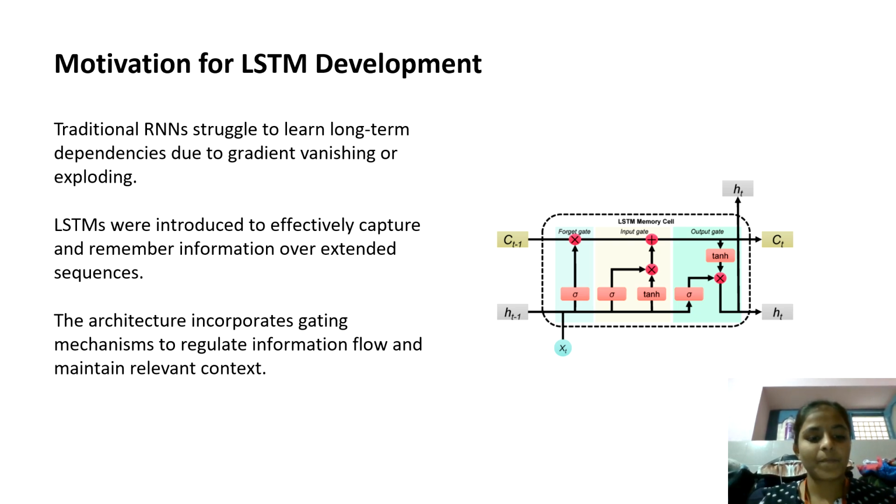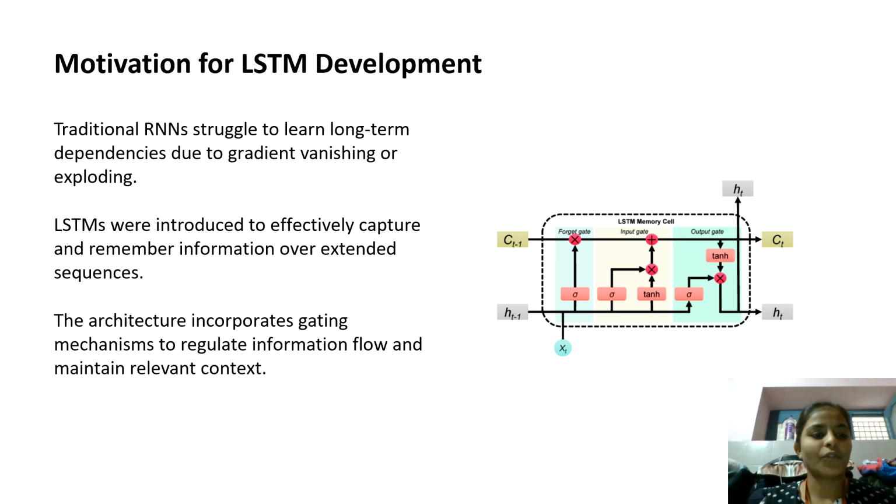Gradients can also become very large, which is called the exploding gradient problem. Because of these problems, an RNN may have difficulty remembering useful information from earlier parts of a sequence. So, LSTMs were introduced to capture and remember information over extended sequences.